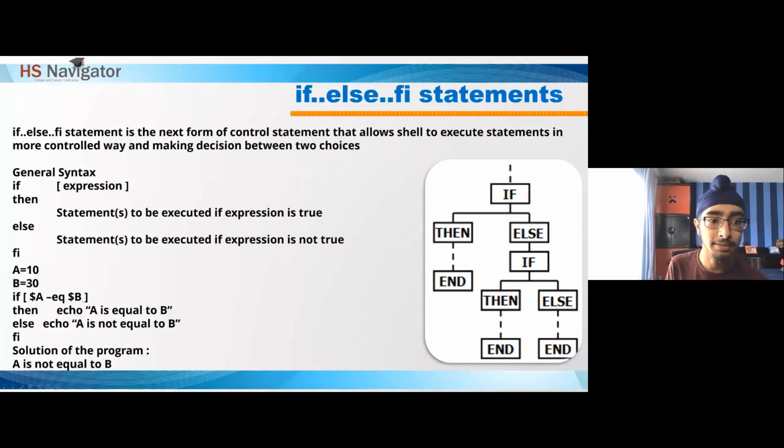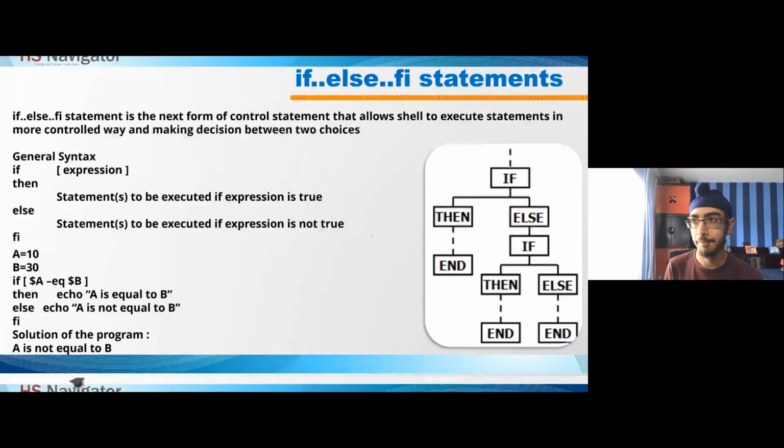If A is equal to B, then echo A is equal to B. Else, echo A is not equal to B. When you run that program, 10 is obviously not equal to 30, so the program prints out A is not equal to B. It checks whatever the if conditional is: if 10 is equal to 30, then go into that statement. Else, go into the statement after that.